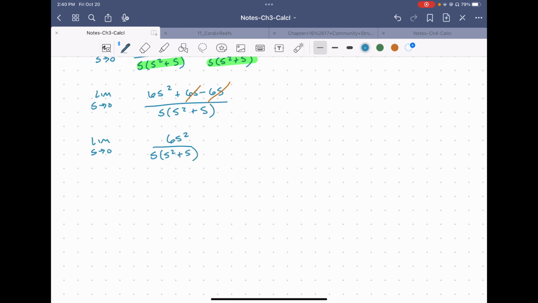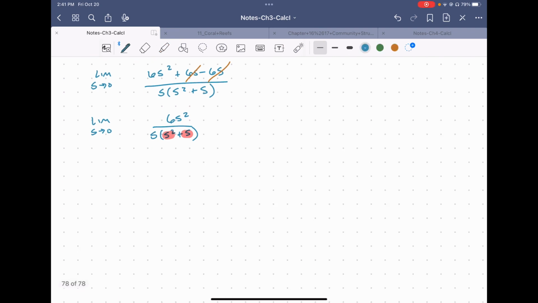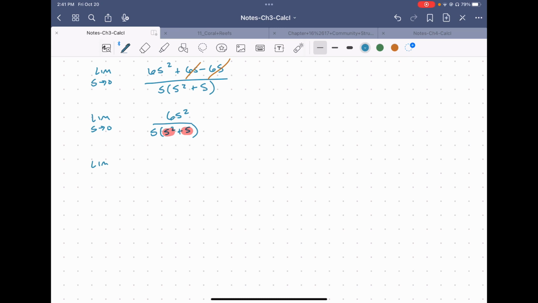Now you may be thinking, oh, I'm not sure what to do at this point, but something you can notice on the denominator is that both of these terms have an s in them. So the next logical step would be to factor out an s so we can try to cancel anything out. So rewrite the limit as s approaches 0.